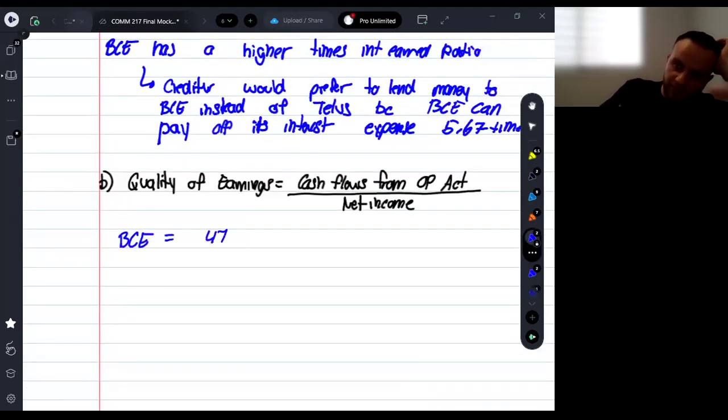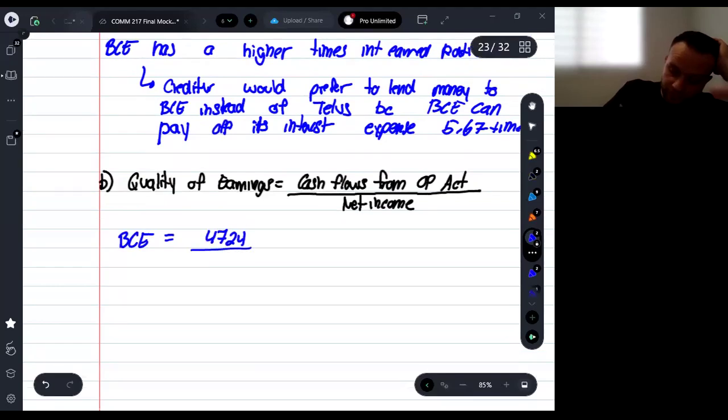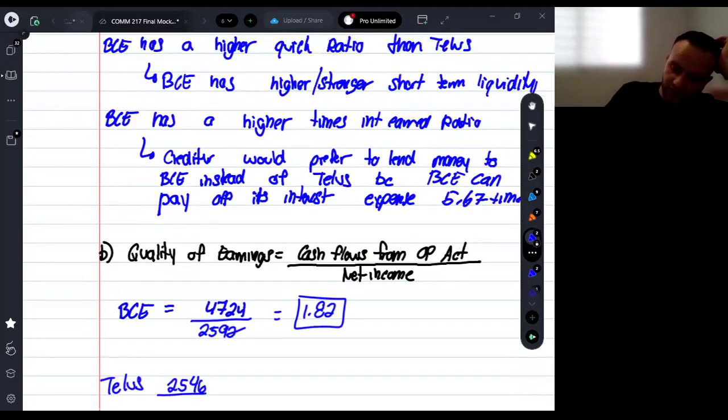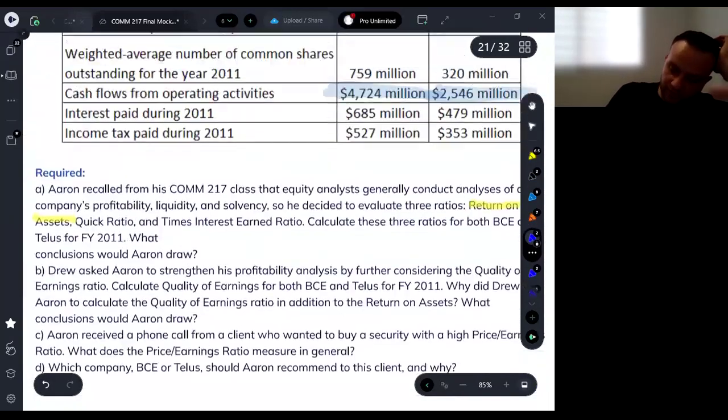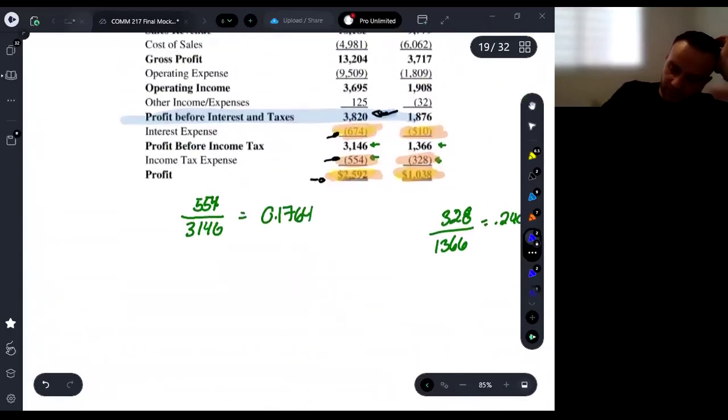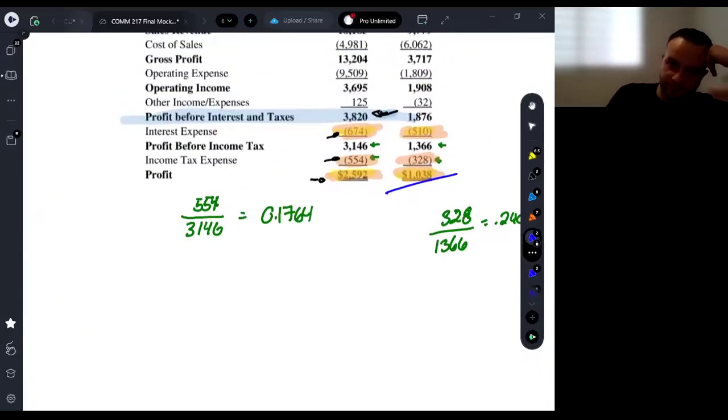So BCE, 4724 over 2592, the net income. Let me know if you missed where I got these numbers. I'll show you again. And TELUS, I have 2546 over 1038.